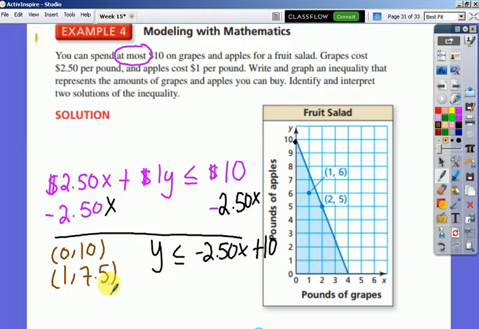And then I could go to the next one. What's my next one? 6. If you're going down 2.50, wait a minute. If you're going down 2.50, 5, right? (2, 5). Which you can see (2, 5) is this point right here.